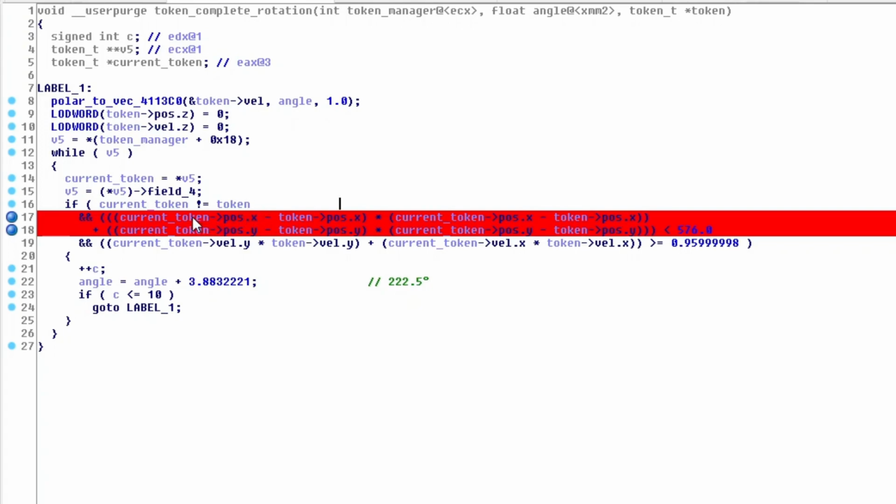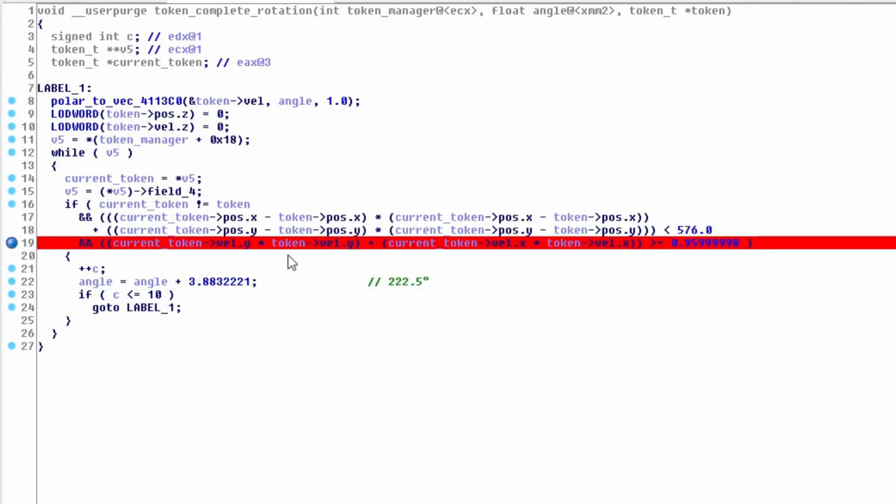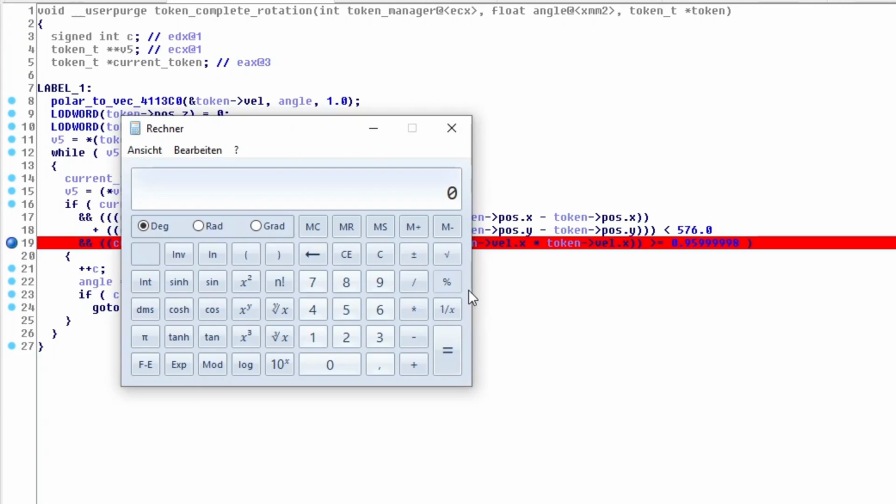First, the game checks if the token being looked at and the token that just bounced off the screen have a distance less than 24. Next, the game checks if the difference in speed between the two tokens is greater than 0.97.